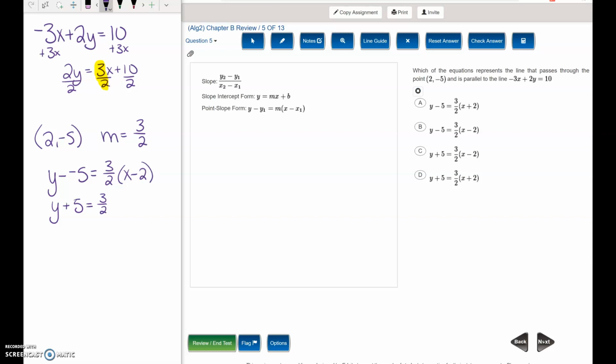You can totally do 1.5 when you're doing this in your calculator, because 3/2 or 1.5 times -2 is -3. Then you can subtract 5 on both sides to get y equals 3/2 x minus, oh, hey, I did way too much work, didn't I? Yeah. All I needed to do is this part.